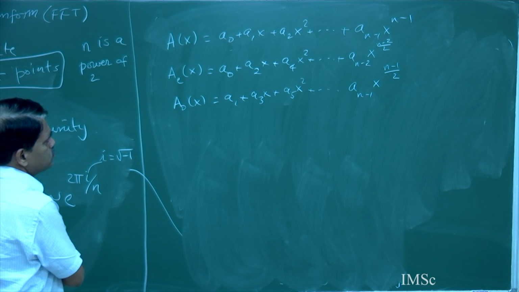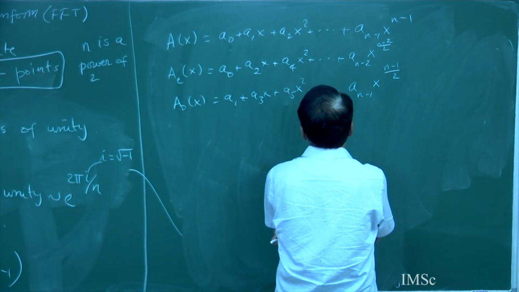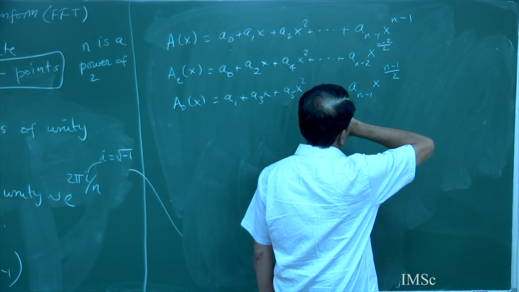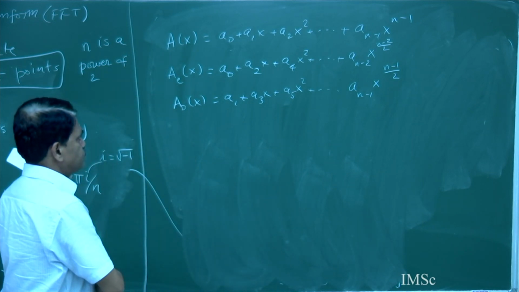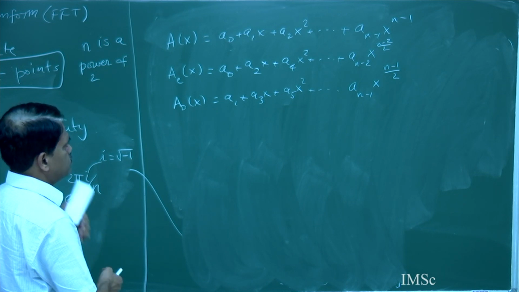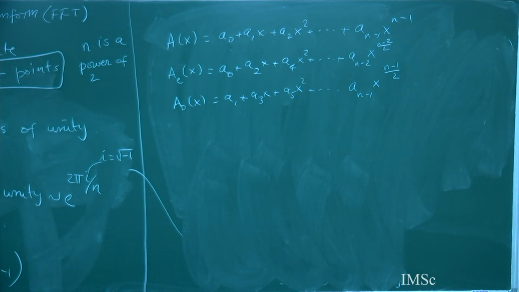Is it n minus 1 by 2? Is it again n minus 2 by 2? Yeah, okay. Both can't be right. So what do I need for n? What is the last term? Did I get that right?